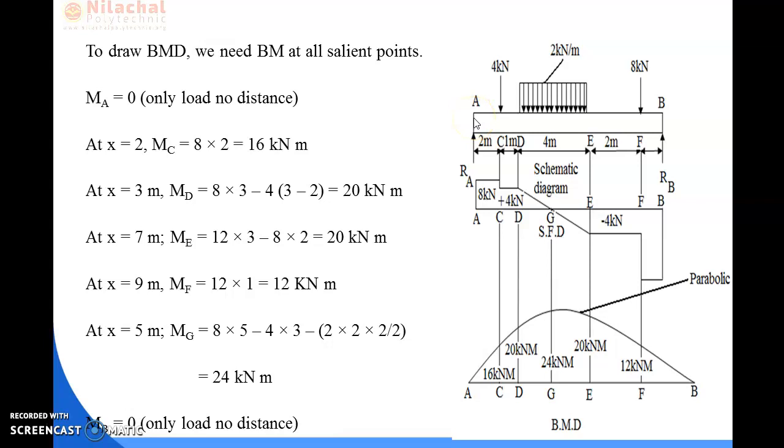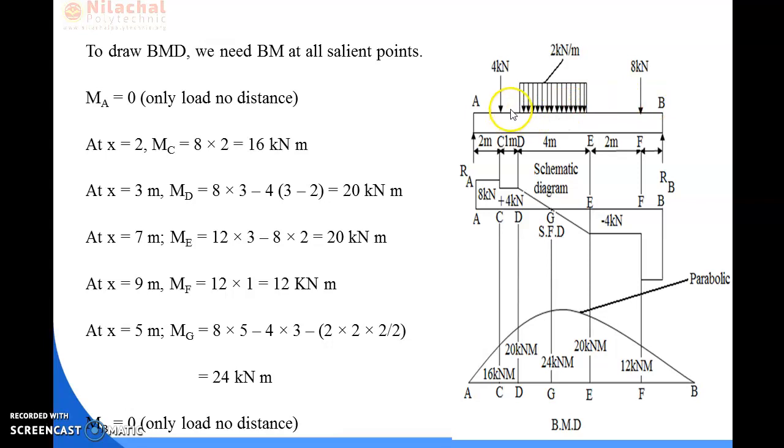So to calculate the bending moment, we need to take two things. First one is your load and second one is your distance. So due to no distance, the bending moment at point A is 0 and bending moment at point B is also 0.